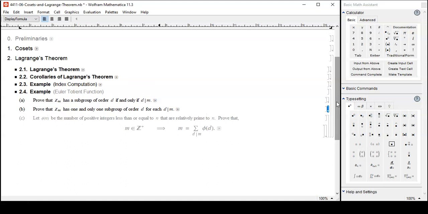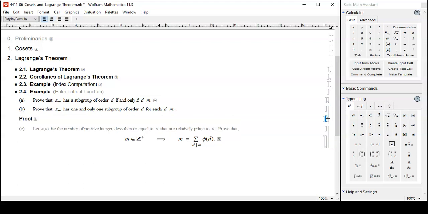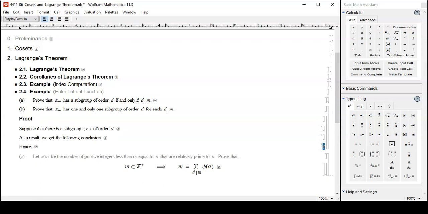Okay, so much for A and B. And part C. Well, part C, do you recognize this formulation here? Have you seen this in number theory? This problem is asking you to prove it. And I'm going to do that in a separate video, but I'll give you a bit of an association of how things are going.